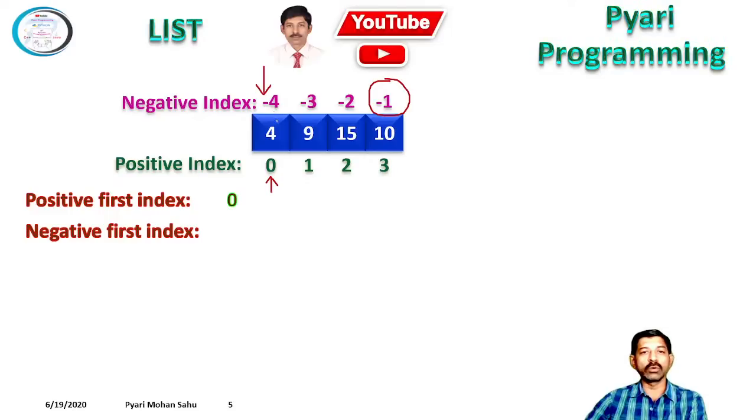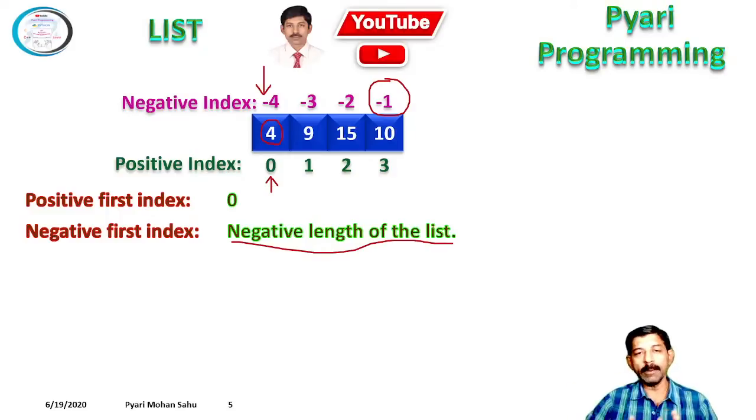If you want to refer to the first element with the help of negative indexing, it is the negative length of the list. I am always considering this from the program point of view. If you want to extract the element from the beginning, the negative index position is always the negative length of the list. If the number of elements is 4, then the negative index will be minus 4, that is the negative length of the list.